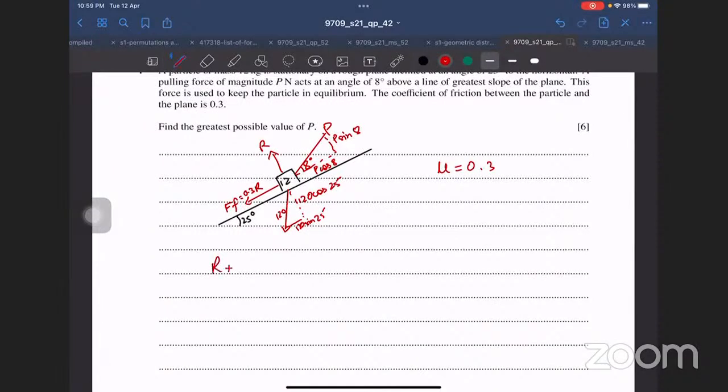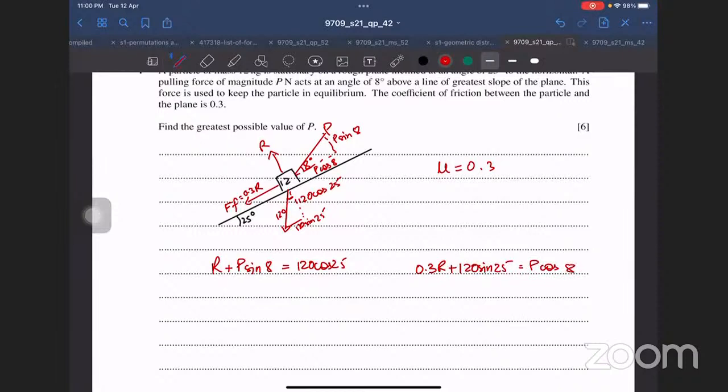So I'm going to say that R plus P sin 8 equals 120 cos 25. And 0.3 R, which is frictional force, plus 120 sin 25 equals P cos 8.